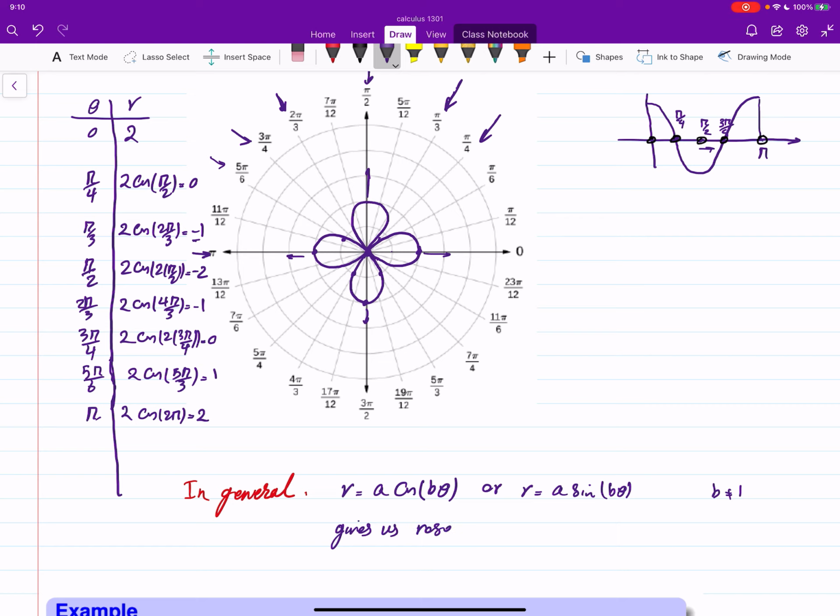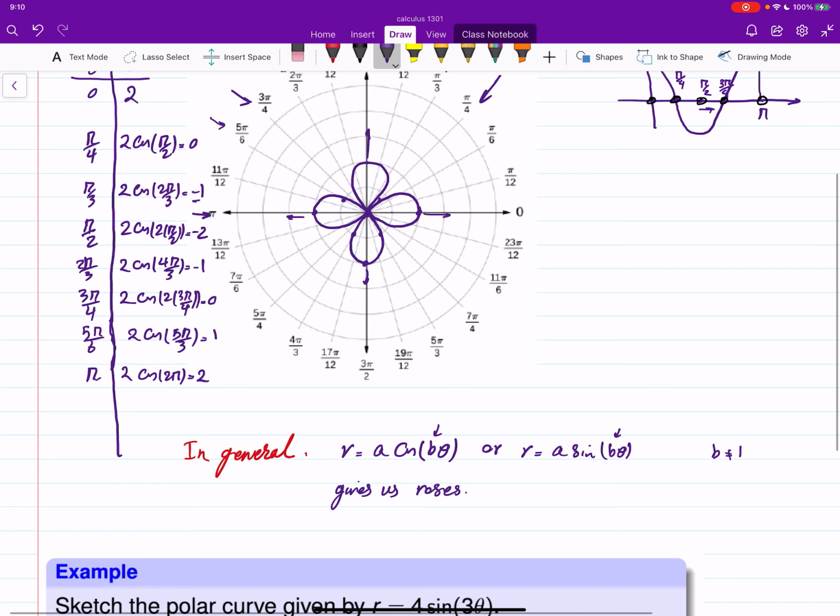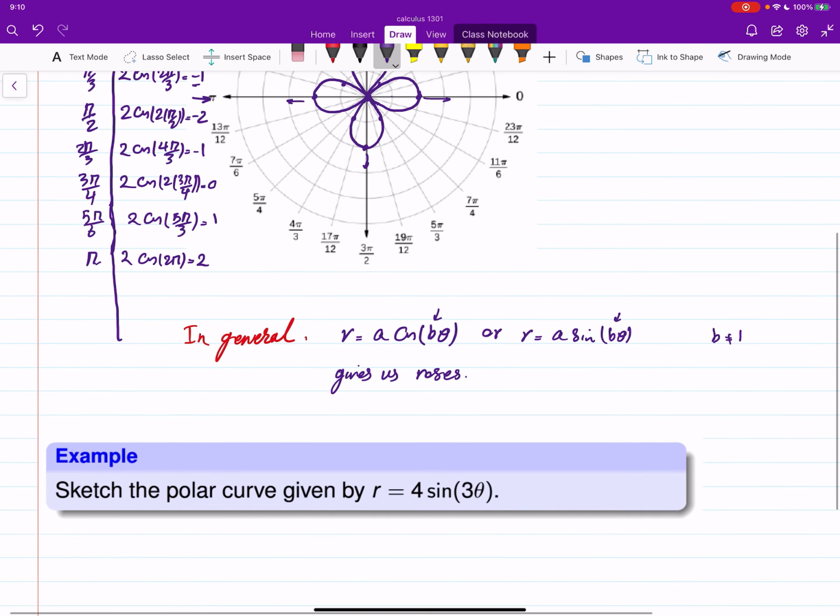So if b is equal to 1, you know that those are circles. But when b is not equal to 1, those would give us roses.